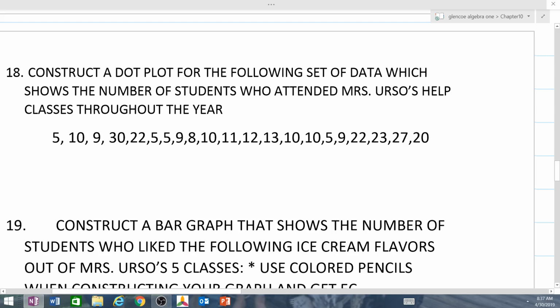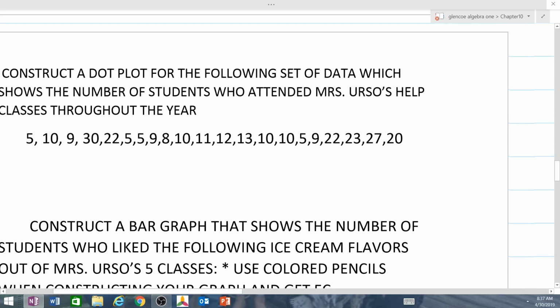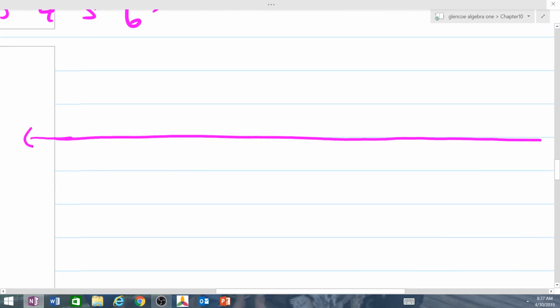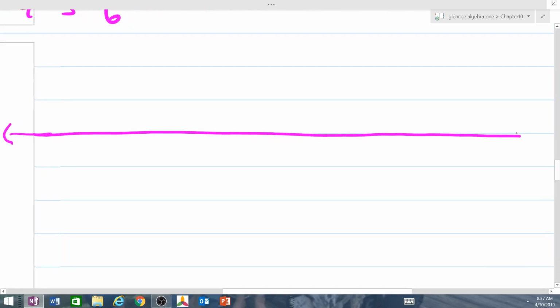You guys have the numbers copied down? Yes? Okay, let's go ahead and make our dot plot then. I think our data goes from 5 to 30, is that correct? Okay, I'm going to start at 5.